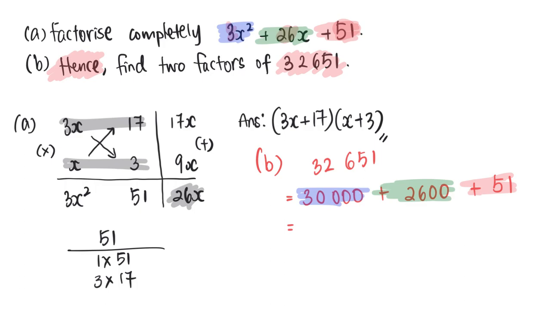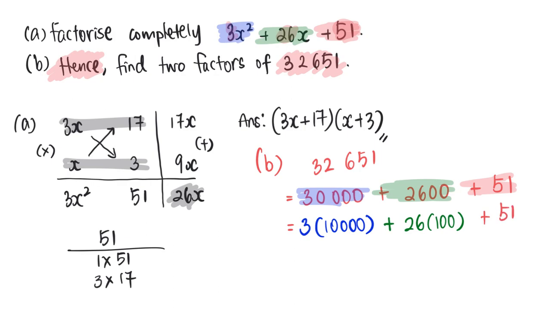And so, for 30,000, I could rewrite it as 3 times 100,000. 2,600, I can rewrite it as 26 times 100.